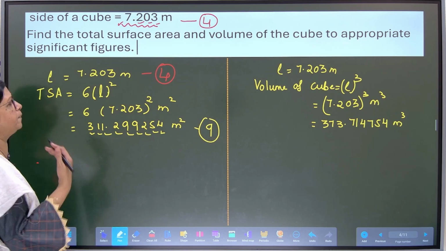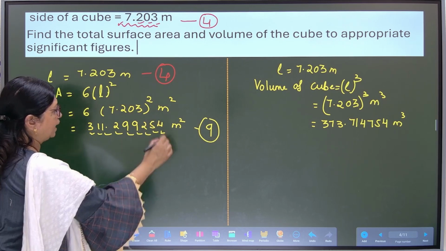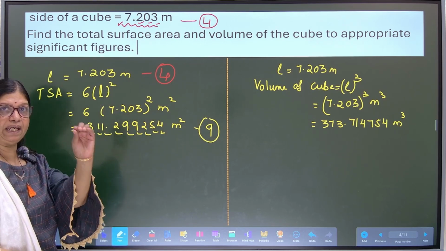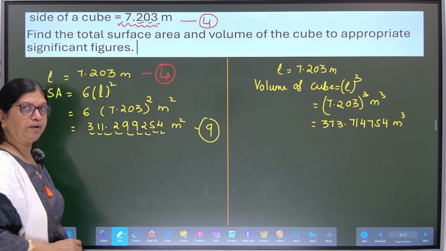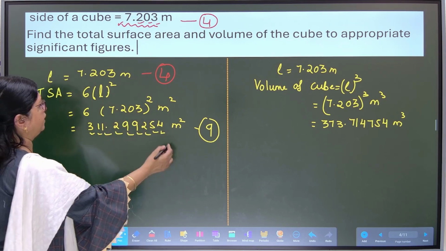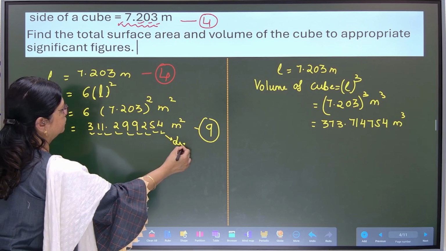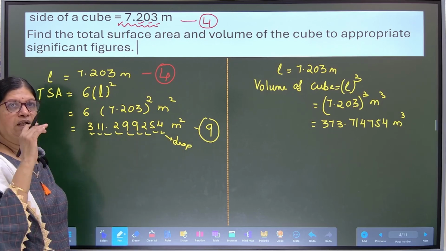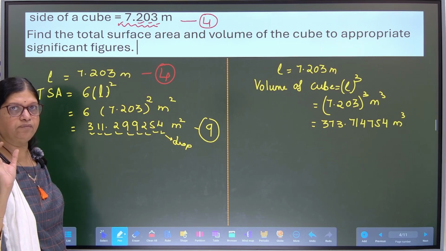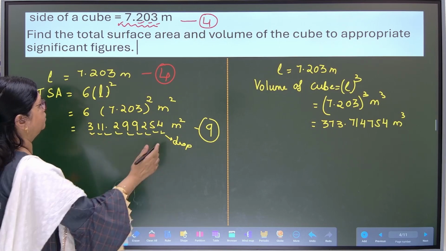So I start from behind. I reduce the significant figures till I get a 4th significant figure. Fine. So 4 is less than 5. If 4 is less than 5, drop it. Now 5 is available to us. 5 is the last figure which is to be dropped. So drop it.